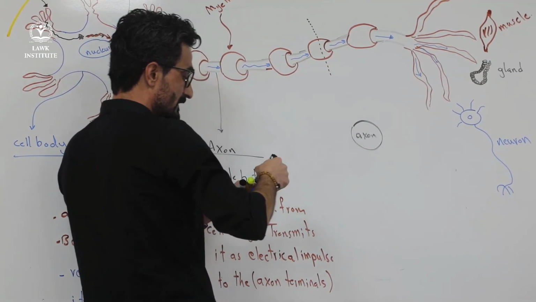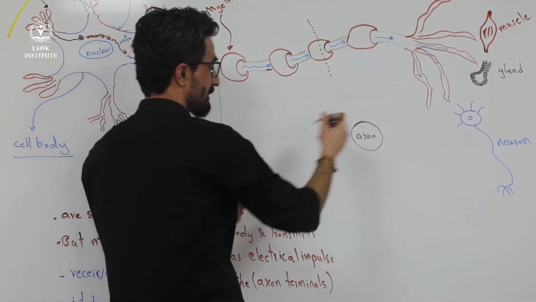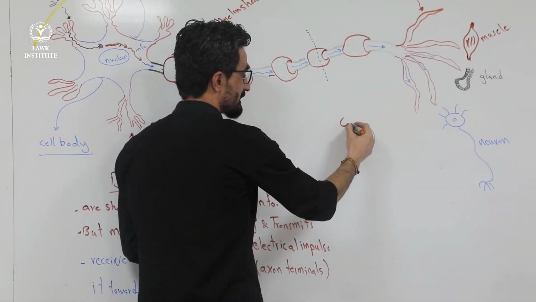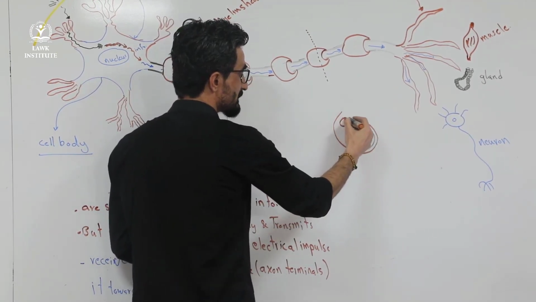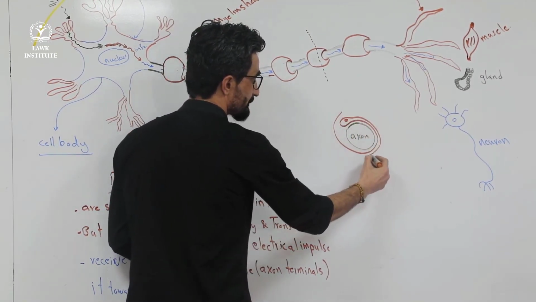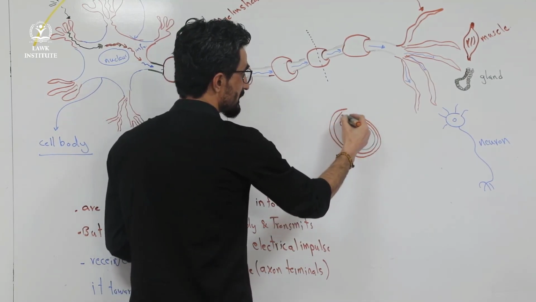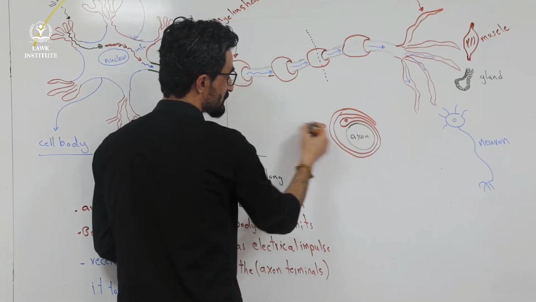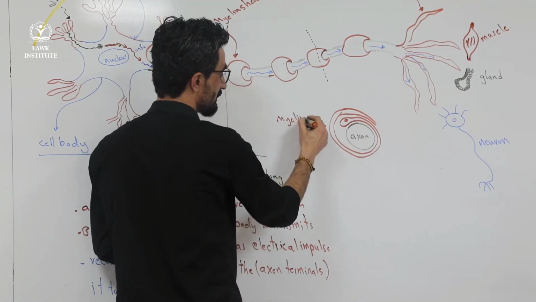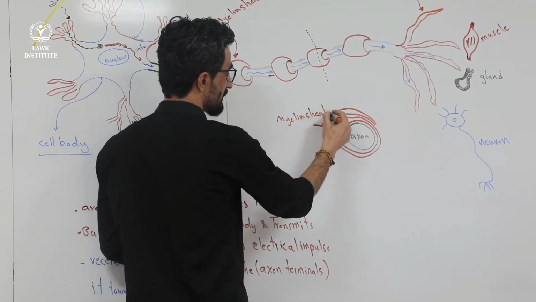This axon is surrounded by something that is called myelin sheath. But what's myelin sheath itself? This is myelin sheath.